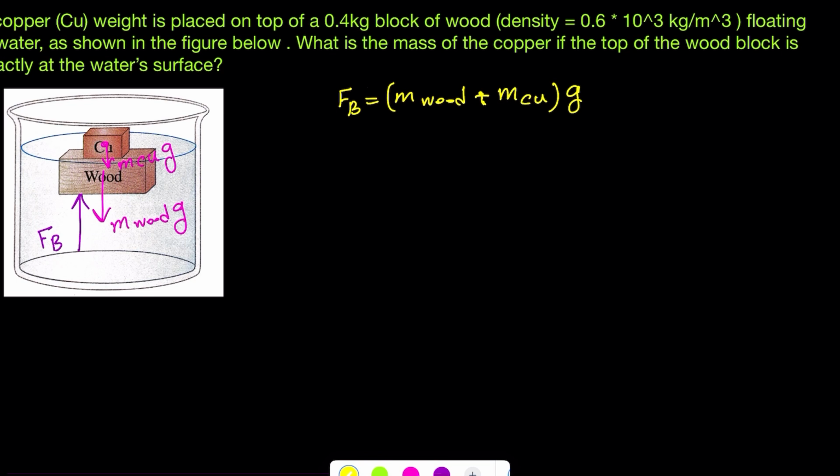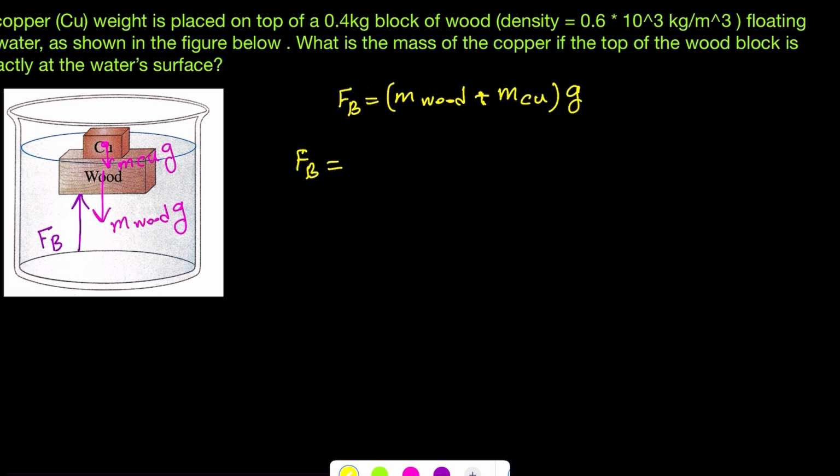But on the other hand, according to Archimedes' principle, which says that the buoyant force, which is F B here, is equal to the weight of the liquid or the fluid which has been displaced by the object. So the buoyant force, from the other hand, is equal to the weight of the water displaced.